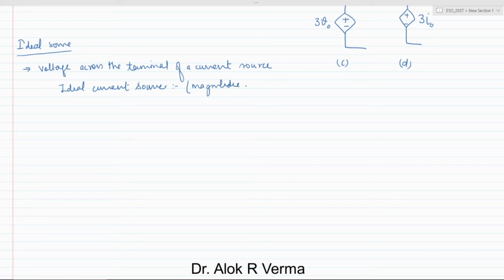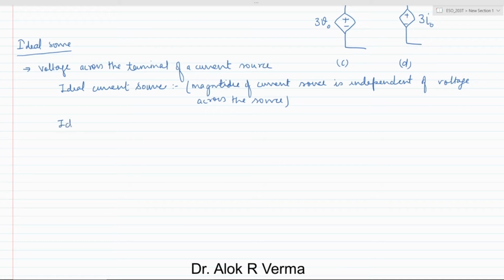the magnitude of current source is independent of the voltage across this source.